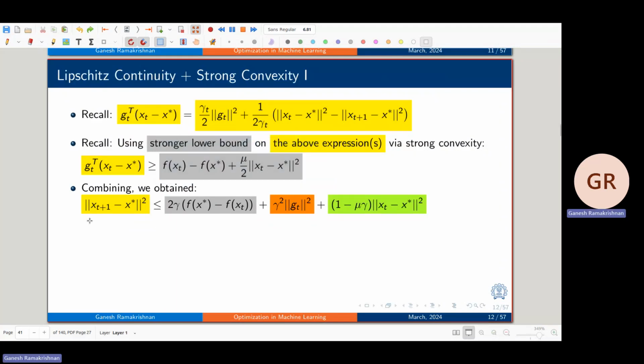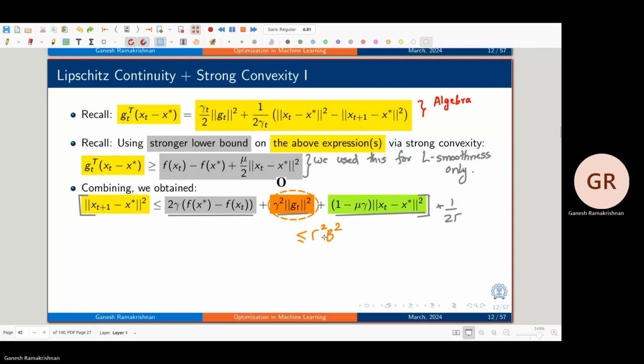And then we combine it with the original expression. And then we get a norm of g_t squared. Right? So we know that with Lipschitz continuity, the norm of g_t squared is less than or equal to gamma squared B_t squared, right?